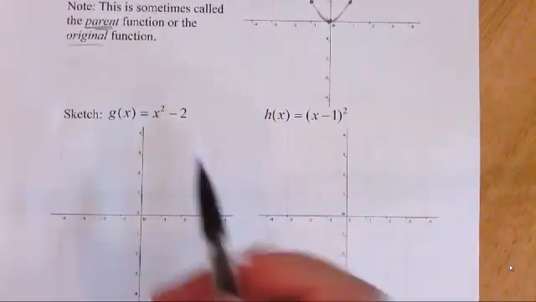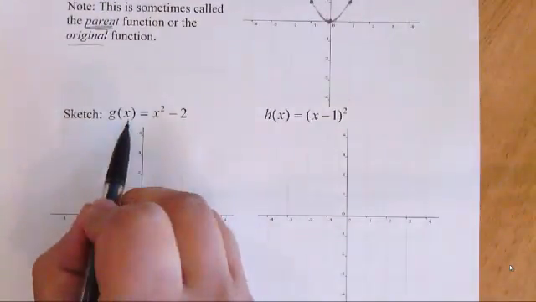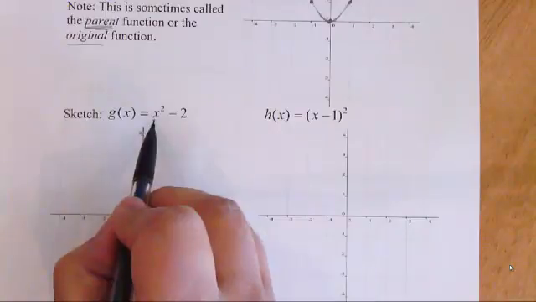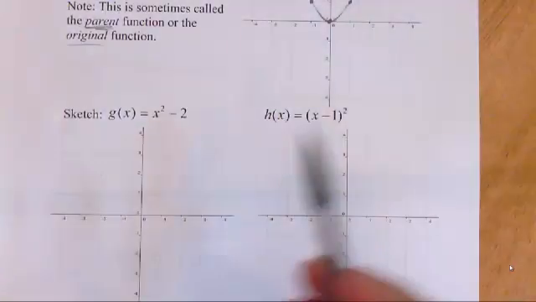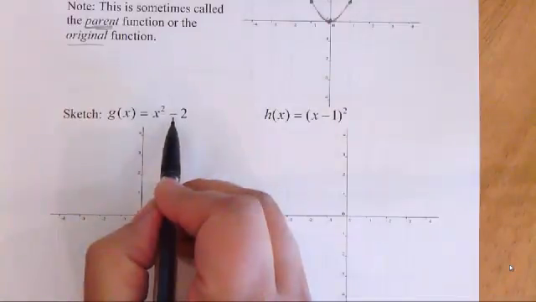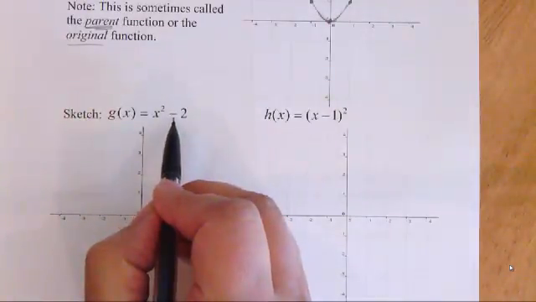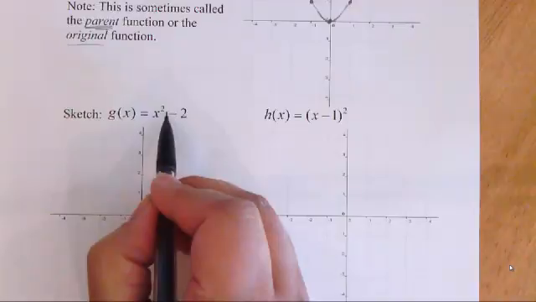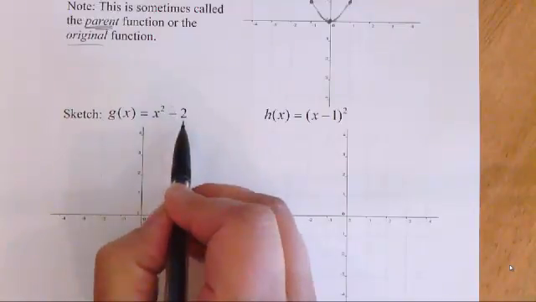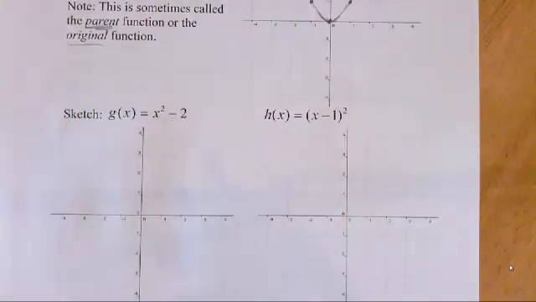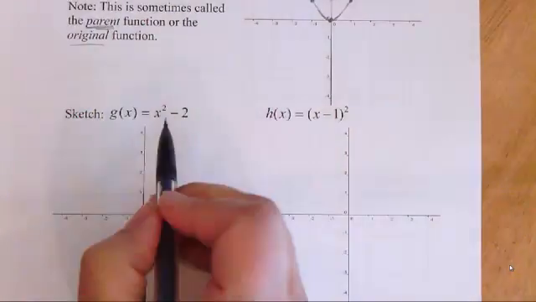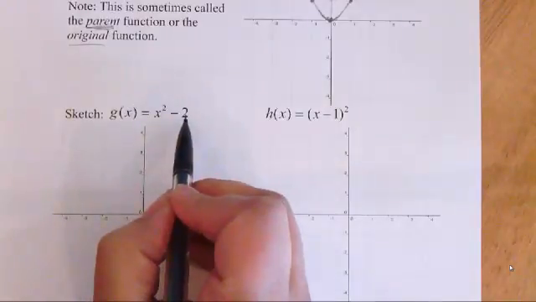So over here in our sketch of g of x, we are going to change this original parent function by moving everything down 2 units. Now if we have this minus 2, notice that it's outside of the x. It's acting on the entire function, the entire x squared.